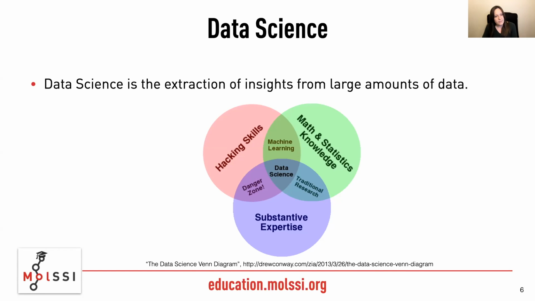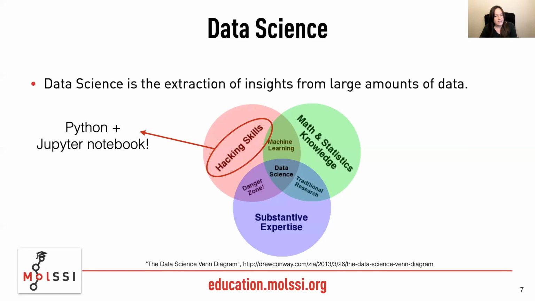So you need math and statistics knowledge, you need expertise in a particular field, but importantly, here on the left in this red circle, you need something called hacking skills. And that refers to programming. And most of the time, it actually refers to programming using the Python programming language. So hacking skills, we can think of that as our skills in using Python and the Jupyter Notebook.